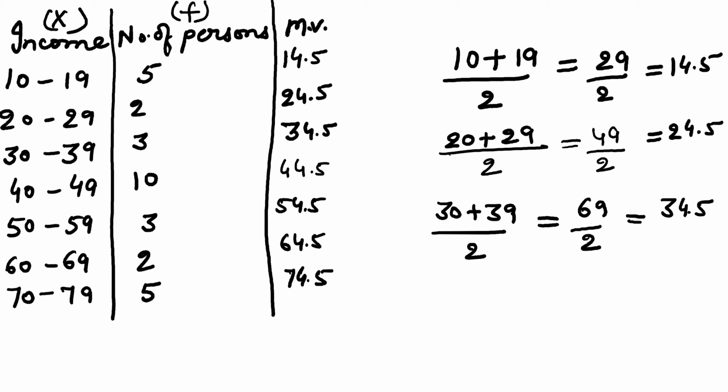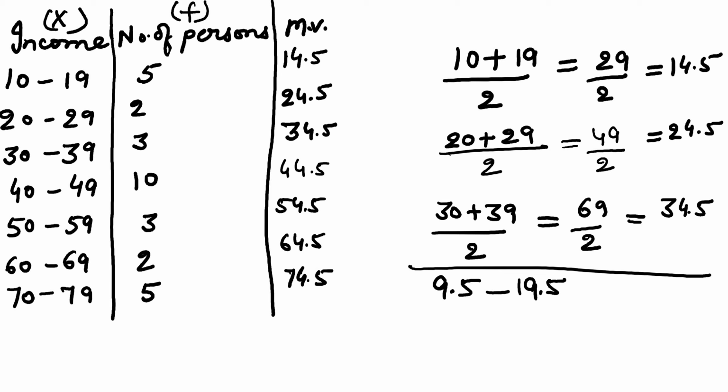One thing I want to mention here is that if we change a particular class interval, let's say this class interval 10 to 19, into a class interval of an exclusive series, then it will be like this, 9.5 to 19.5. Then we have to calculate its mid value, like in an exclusive series. Why don't we change this inclusive series into an exclusive series for calculating arithmetic mean?